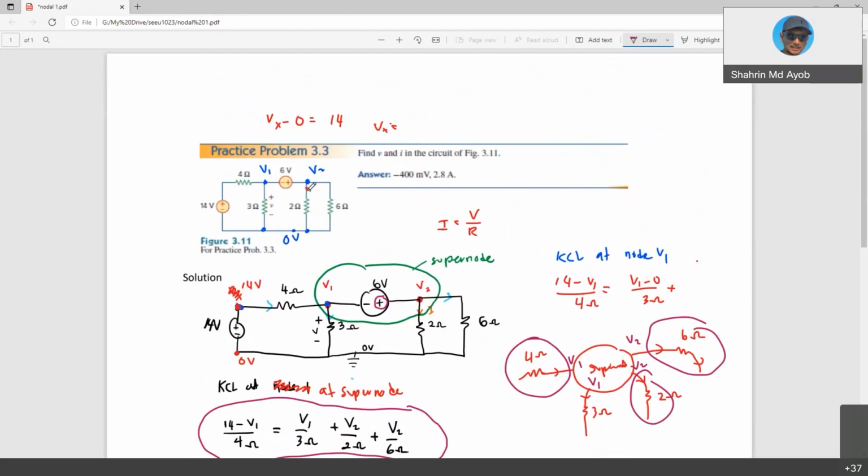The current is the branch current that flows through these 2 ohms. So directly you can obtain I as V2 over the resistor. V2 is 5.6 over 2 ohms, so you will obtain 2.8 amperes.